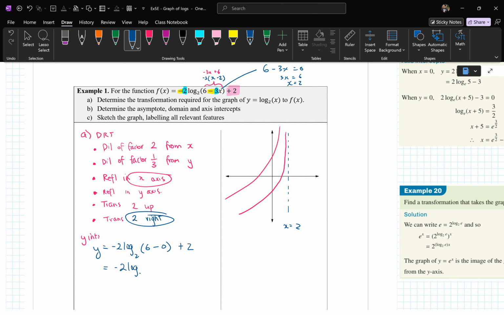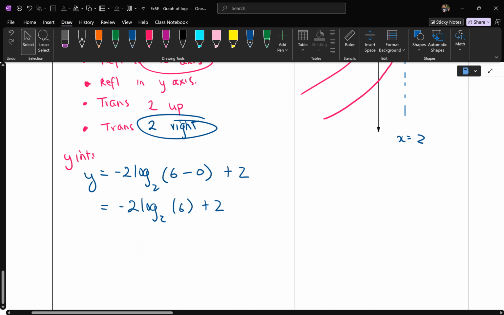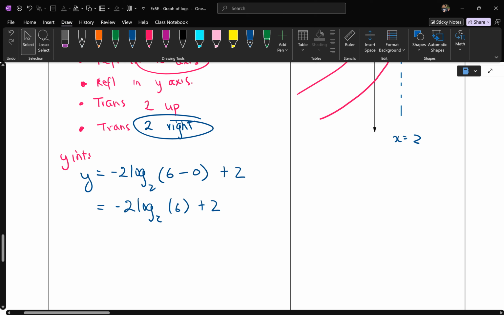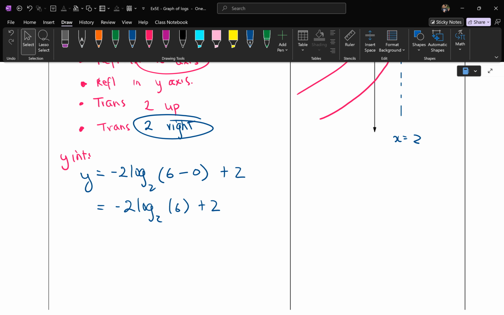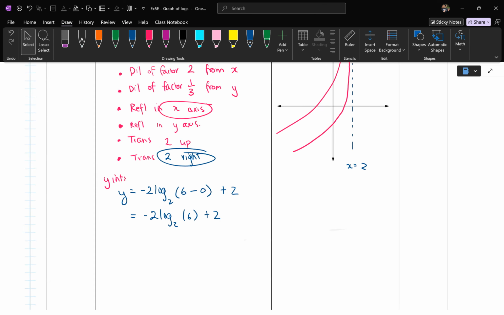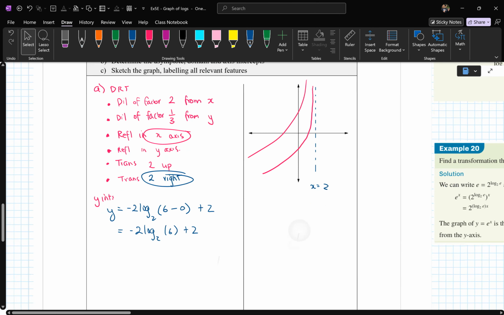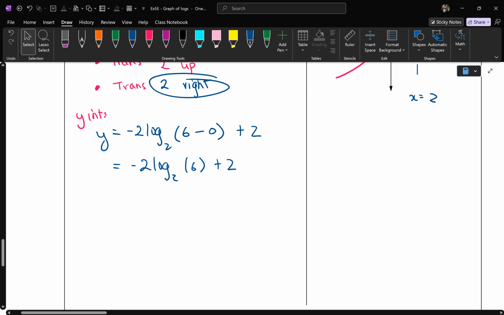Negative 2 log 2 of 6 plus 2. Can we solve that? Maybe not. If you can't solve it, then you leave it as an exact value. So it would be, I'm just thinking, no, I can't see it. You just leave your y-intercept then. If I factor the negative 2, what do we get?